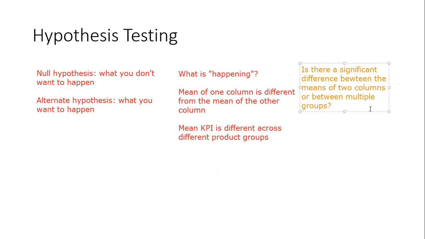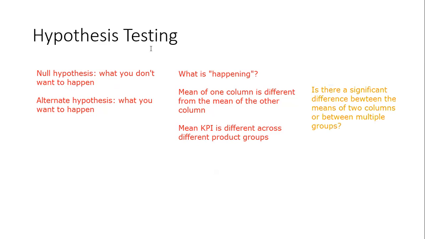Okay, so that's the word we use. Is there a significant difference? So I'll give you the example later on, but what you need to understand right now is that I have two things which are important.